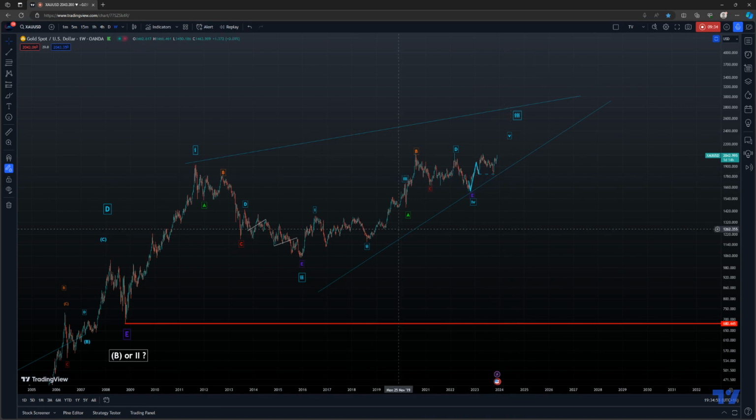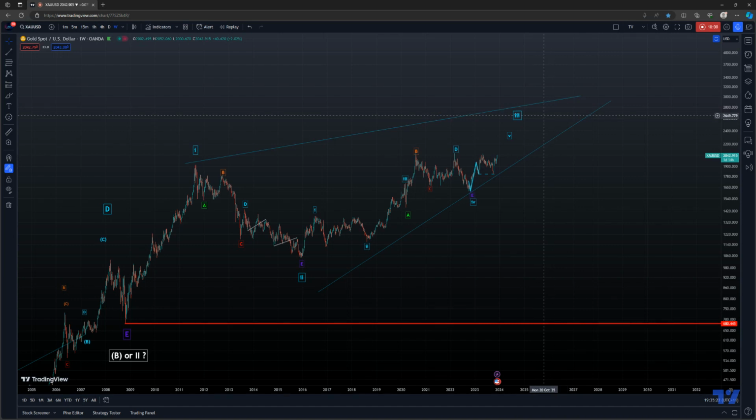Now, the only clues we have at this point is that we had a sharp, deep correction wave two. We could see alternation with a small wave four and then a wave five, right? And if you know anything about these wedge patterns, wave five could be small as long as wave three is not the shortest. So there's no rule broken, and overlapping can happen as well.